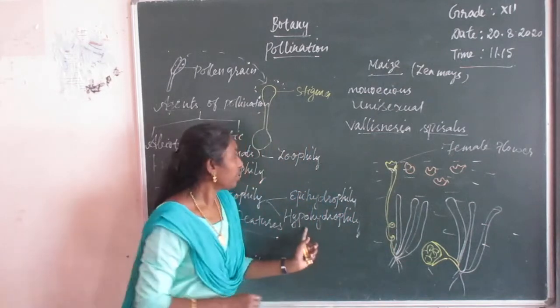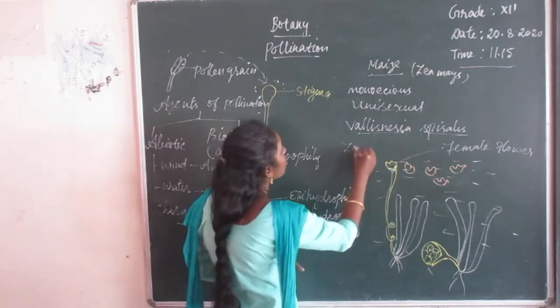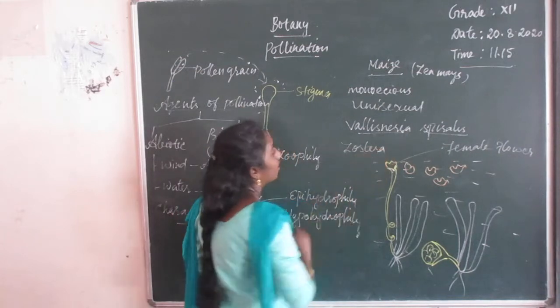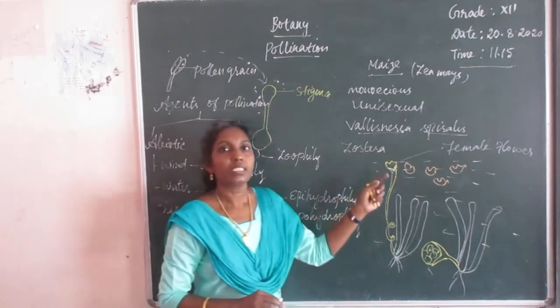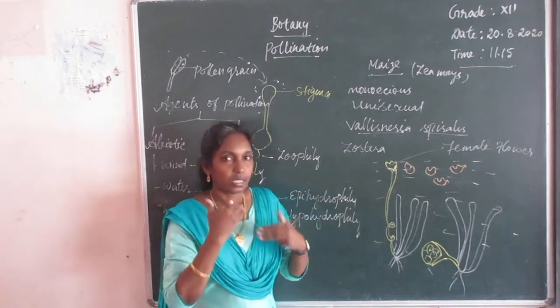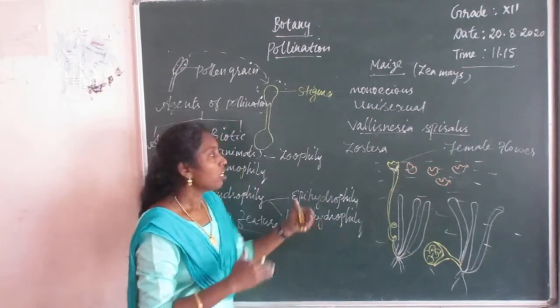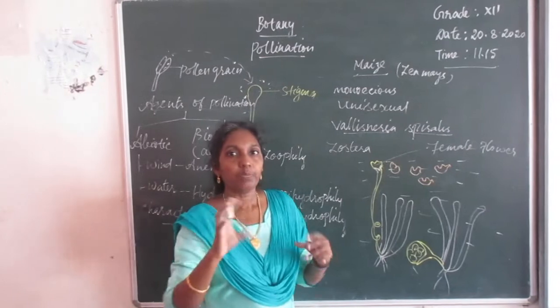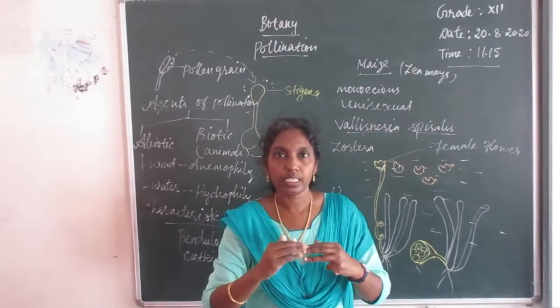But another type is observed in Zostera. Zostera is a marine grass. This plant shows needle shaped, very large pollen grains.